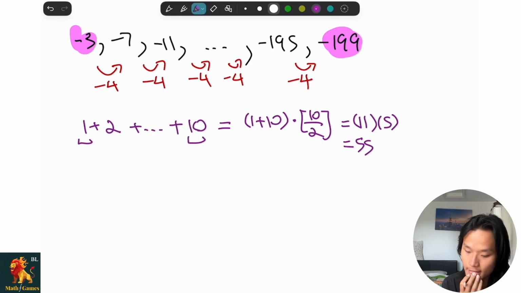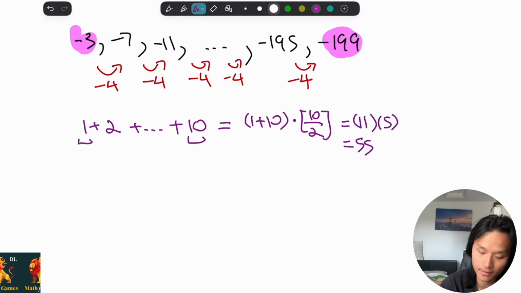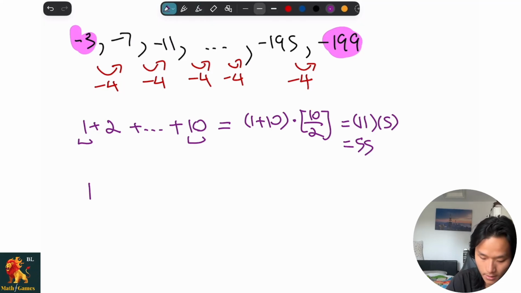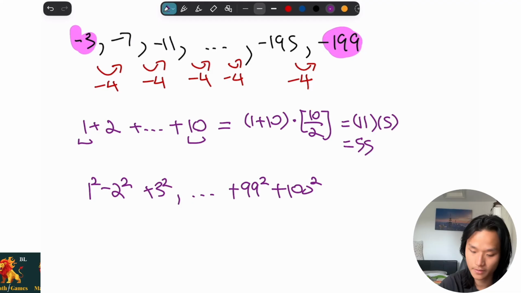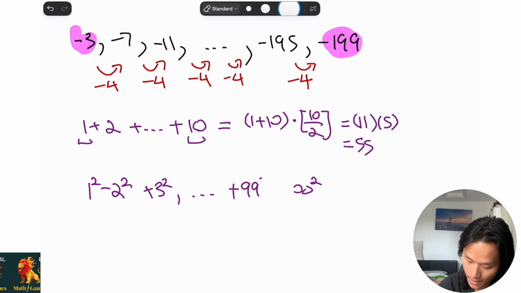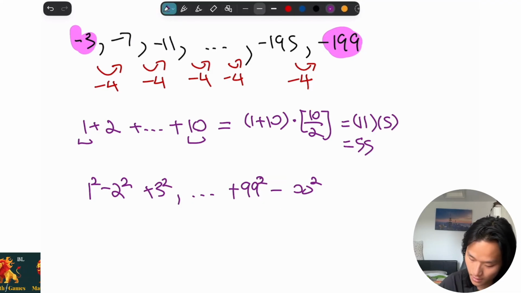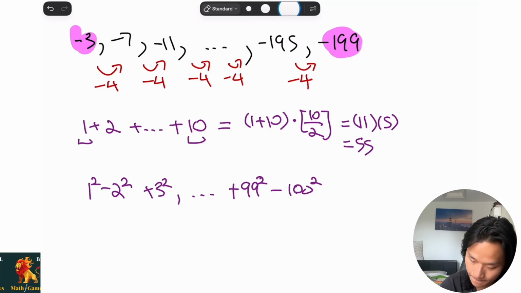Now the question is, how many terms are there in this series. Now remember we started with 1 squared minus 2 squared plus 3 squared, all the way to plus 99 squared minus 100 squared.